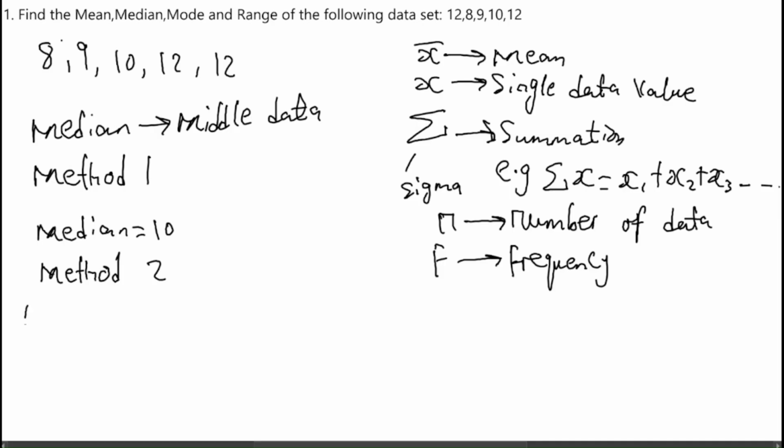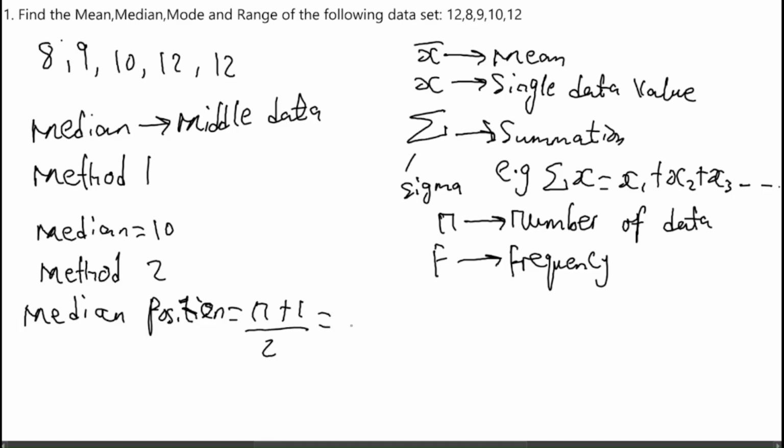In this method, we are going to be finding the position of the middle number, which is called median position. Now, to find the median position, add 1 to the number of data involved and divide it by 2.